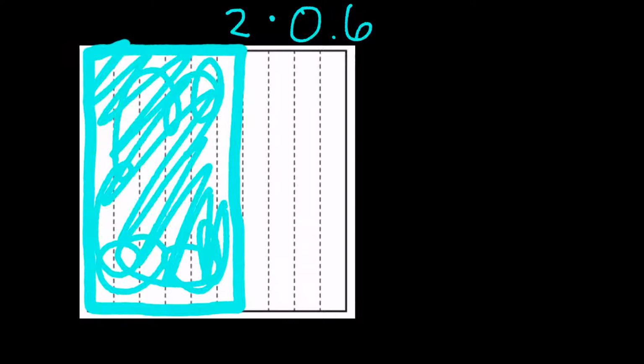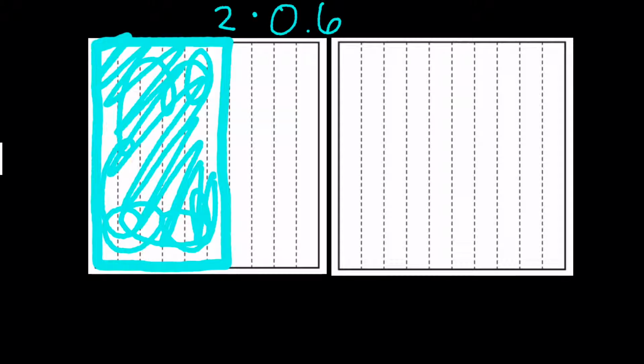Hopefully what you've thought to yourself is, well, in the number line, I had to go past one whole. So using a grid, I'm going to have a second grid over here. It's going to have to show me that I can use 2 of those columns to complete our second group of 6/10. So let's put in a second grid. So here it is.